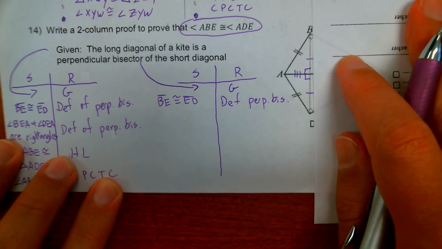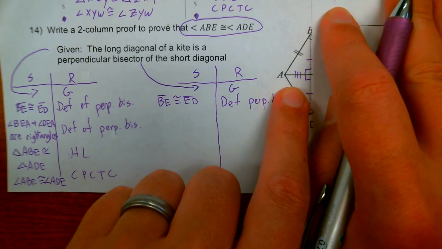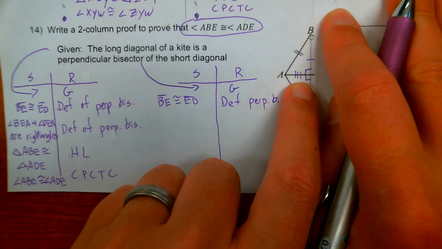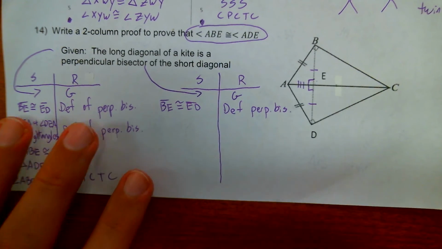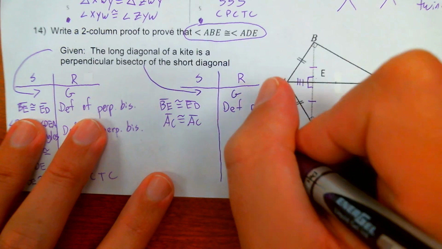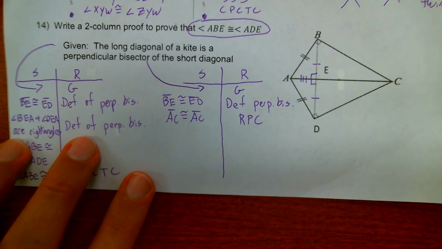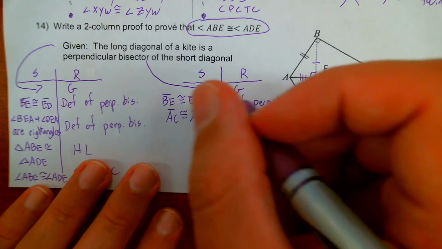So if you just kind of imagine that we had this problem right here. If the right-hand side was gone away, then I can say that AE is congruent to itself. Okay, so I can say AC is congruent to itself because of reflexive property congruence, RPC. All right, and now I can say that the two triangles are congruent.